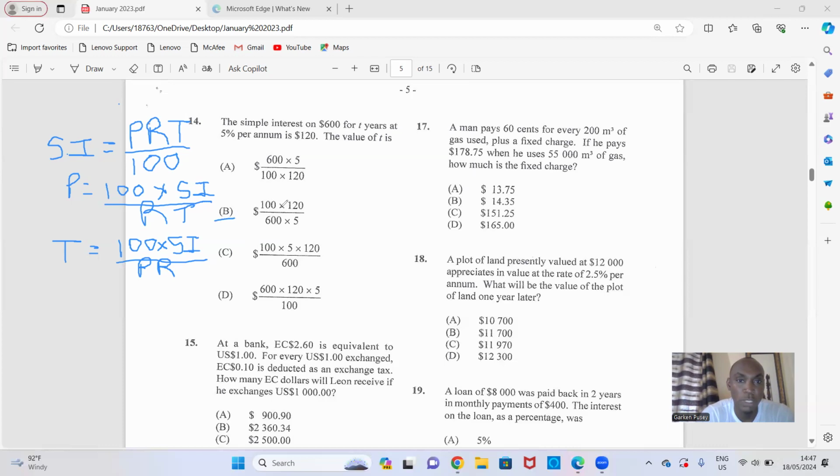So it's 100 times the simple interest, which is 120, over the principal amount 600 multiplied by the 5%. This question did not ask you to work out the answer. They actually write the answer, but not simplified. So we just substitute the values, but we're not simplifying it. So the answer for this one is B.